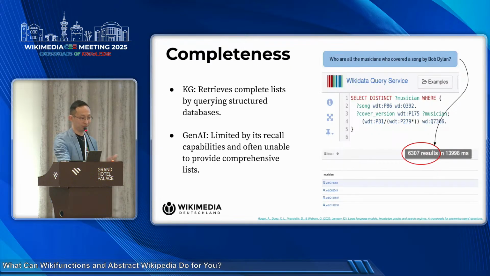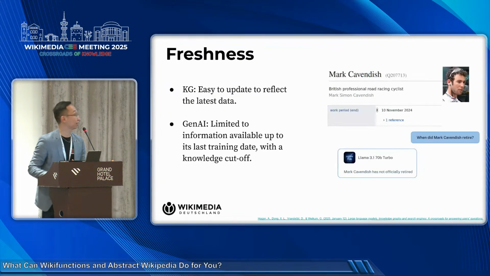It could be more now because this was done. Every day there will be an increment of at least 10 musicians. So you will see a full list, at least a list of the different results, as opposed to if you ask a Gen AI, for example.